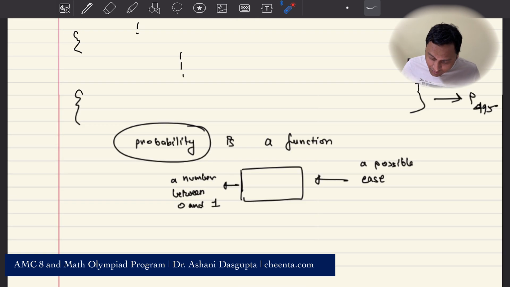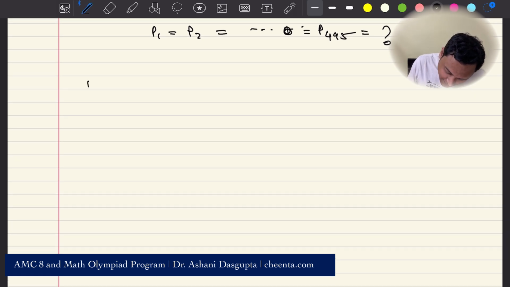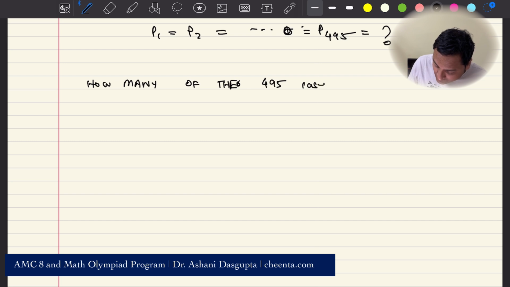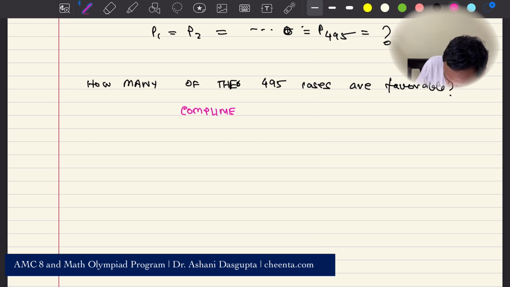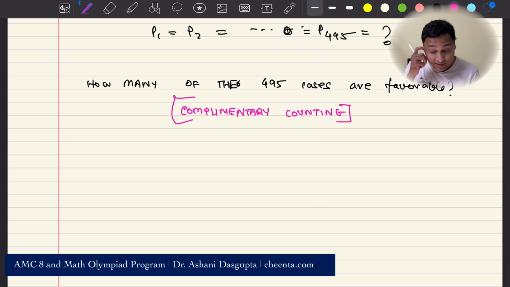Okay, so how many of the 495 cases are favorable? So what we are going to do is we are going to use something called complementary counting. Complementary counting, okay? This is very important.